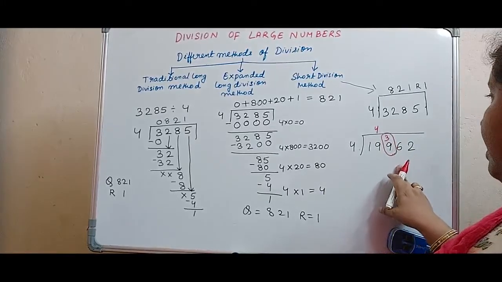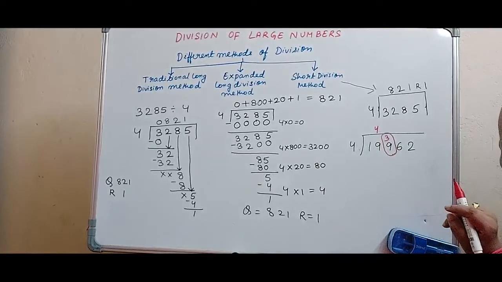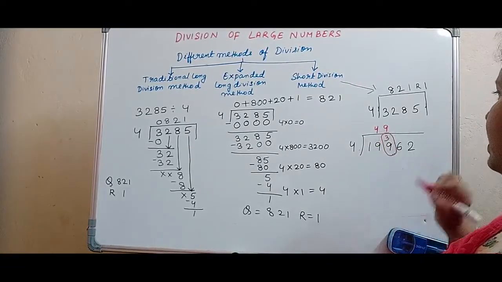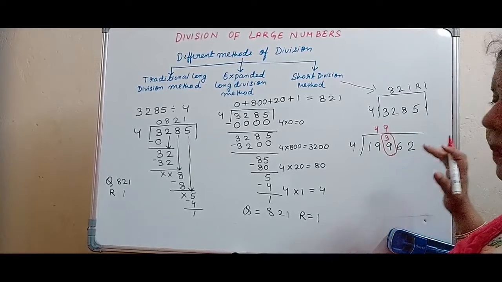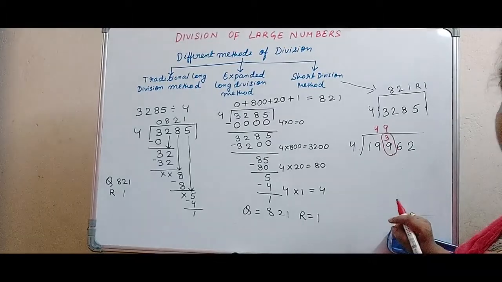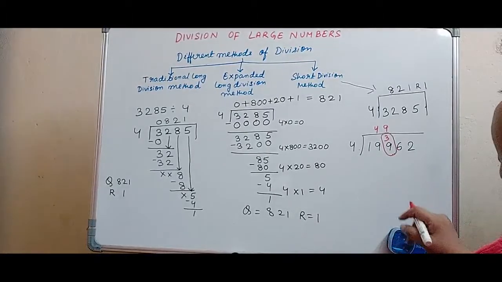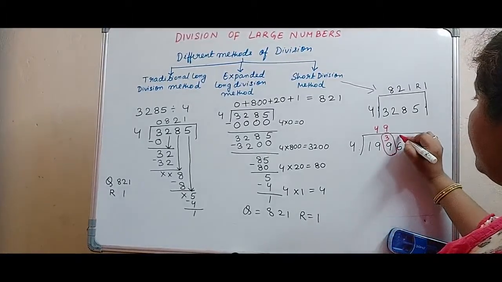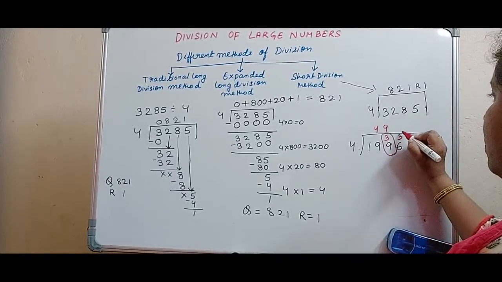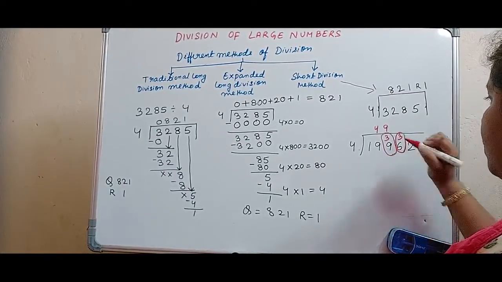So it is 39. 39 will go with which number? 4 9s are 36. So we write here 4 9s are 36. Now keeping the number 36 in mind, you have to subtract it from 39. 39 minus 36 is 3. So 3 is carried to the next adjacent digit, that is 6, so it becomes 36 now.